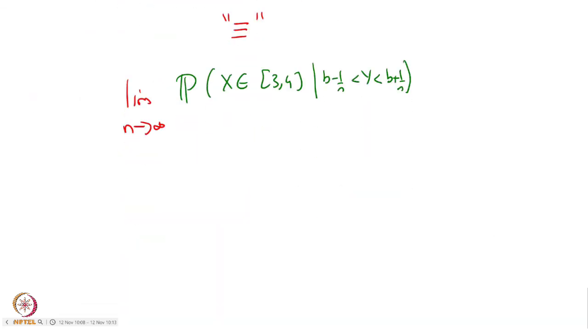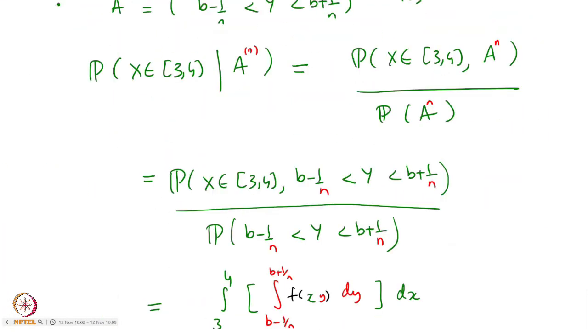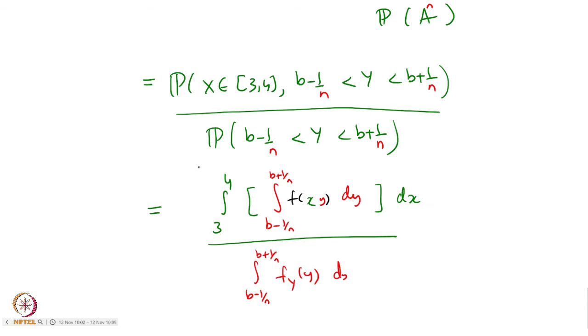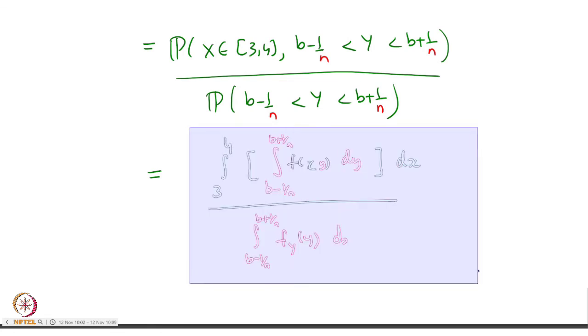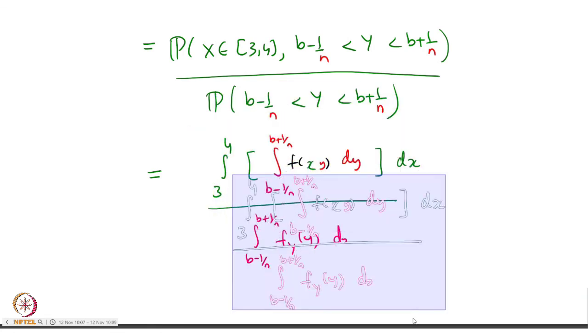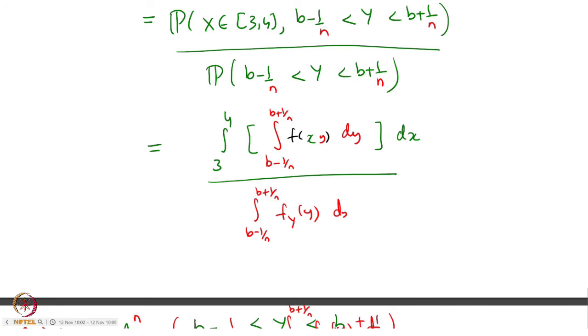Now, this we have figured out from the top calculation is the same as a limit as n tends to infinity of what have we figured out. Let's go back up. This is what we calculated the probability to be. Let me duplicate this and bring that down.